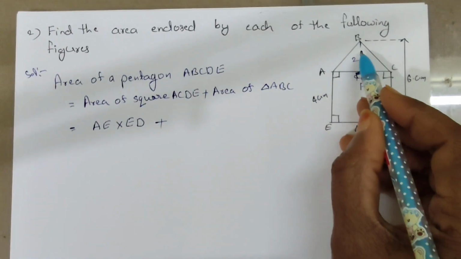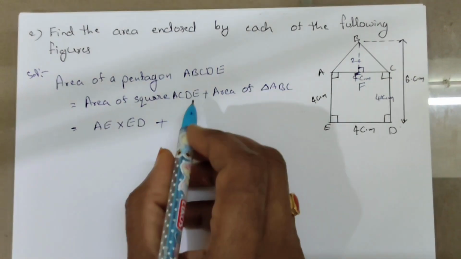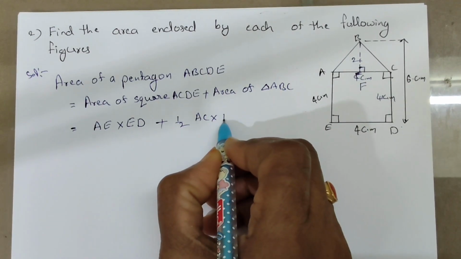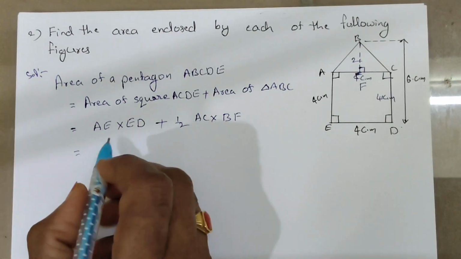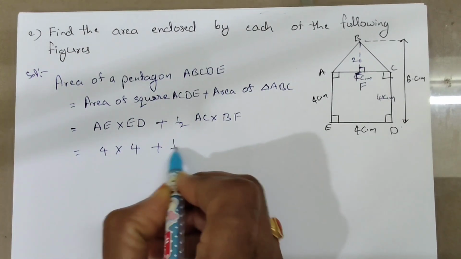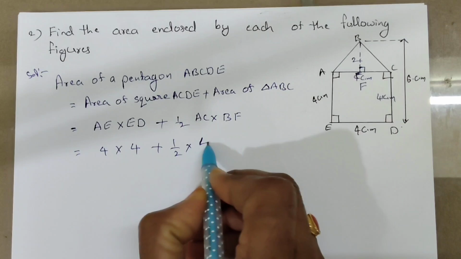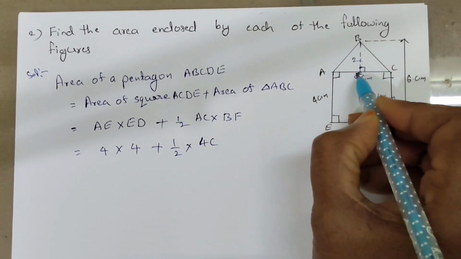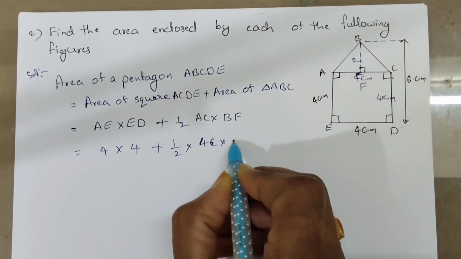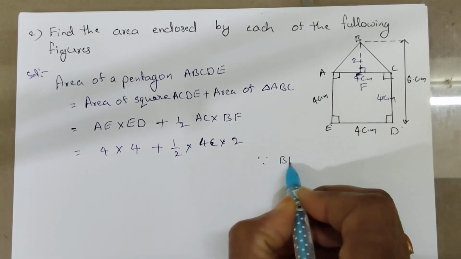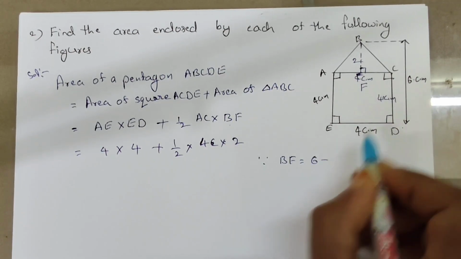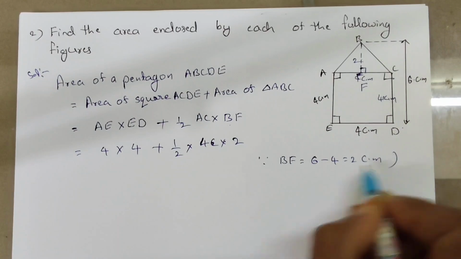Next, area of a triangle is 1 by 2 into base into height. Here AC is the base and BF is the height. Now we substitute these values. AE is 4 centimeters, ED also 4 centimeters, plus 1 by 2 into AC, where AC is 4 centimeters, and BF is 2 centimeters, as we already know: total distance 6 minus 4 equals 2 centimeters.